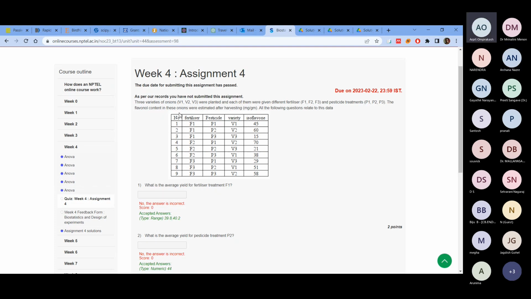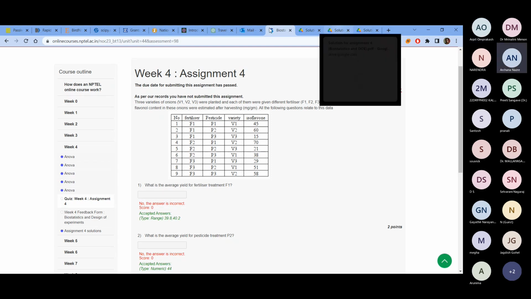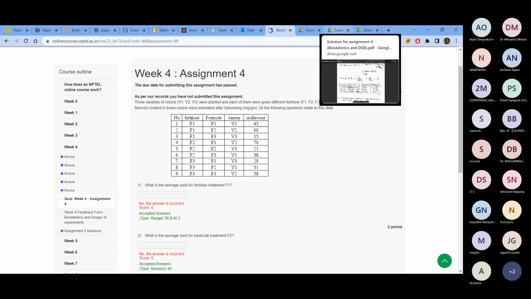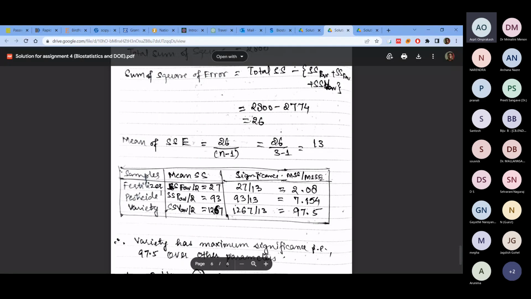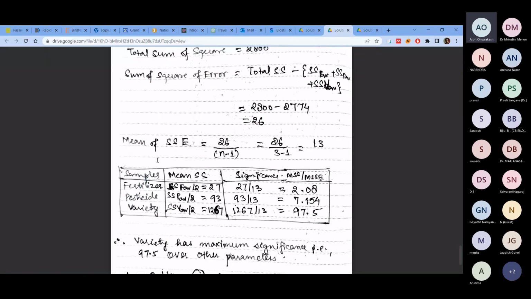So for each of these, the degrees of freedom will be 3 minus 1, which is 2. So you get 2 degrees of freedom for fertilizers, 2 for pesticides, 2 for variety. So total you have used up 6 degrees of freedom. For the total sum of squares, you had 8 degrees of freedom. So for error, you have 8 minus 6, which is 2 degrees of freedom. That's why we are dividing by 2 here, because all of these degrees of freedom are 2.